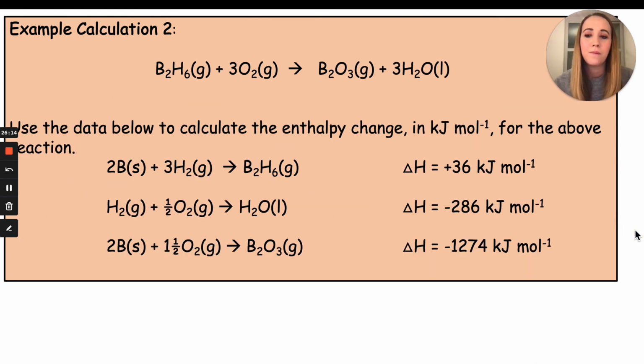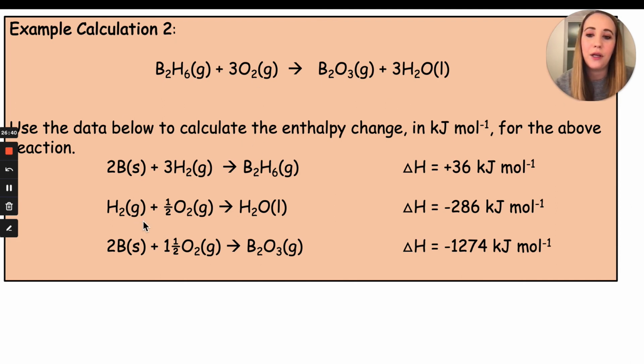Okay, so here's your second example. Again, we've been given an equation at the start, so B2H6 plus 3O2, changing to B2O3 plus 3H2O. And again, it says use the data below to calculate the enthalpy change in kilojoules per mole for the above reaction.